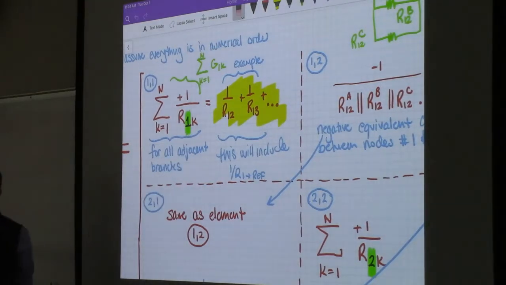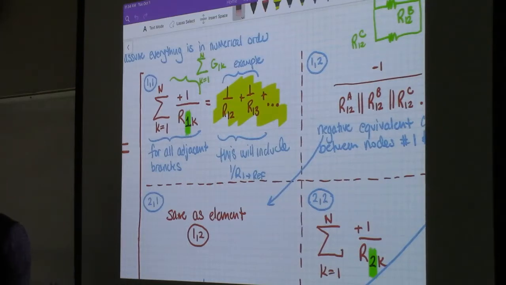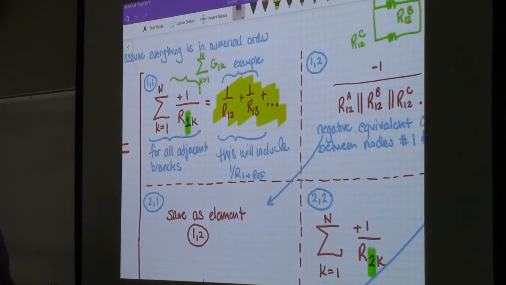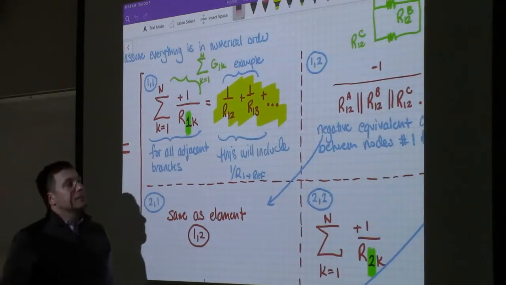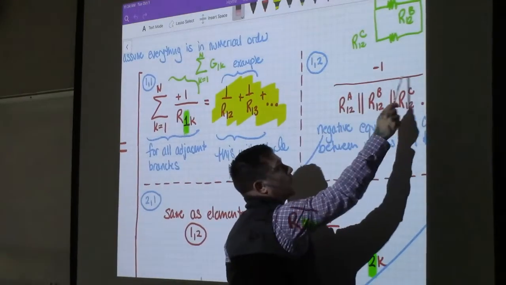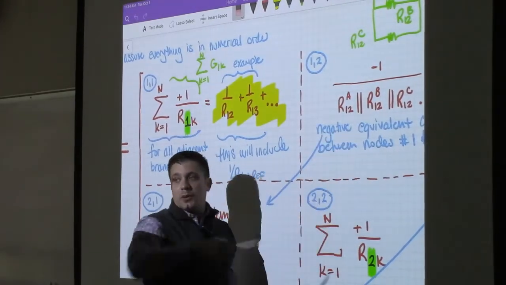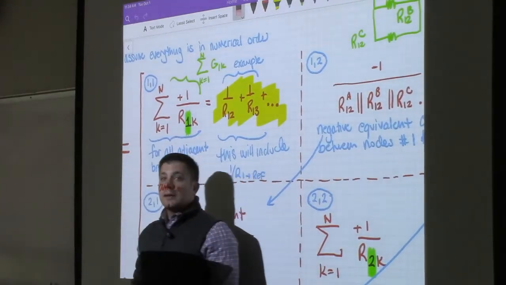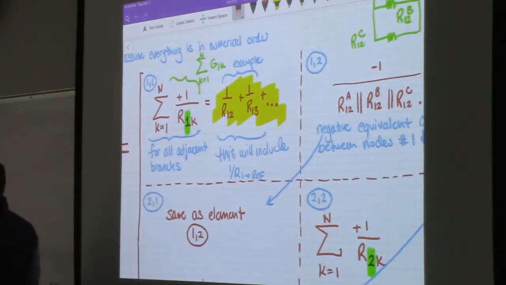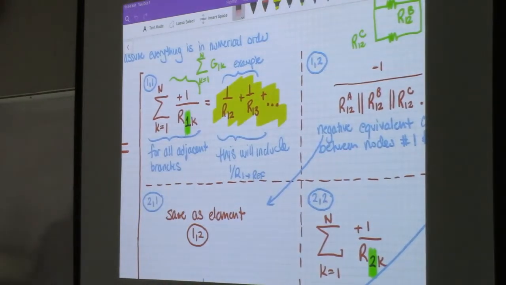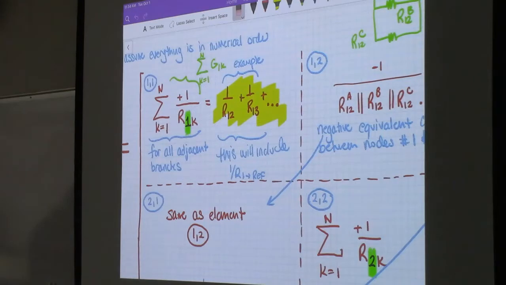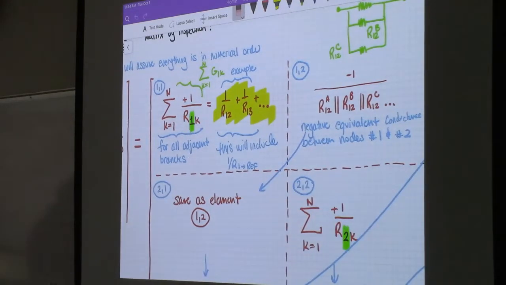So that's the reason why it's 1 over R21 plus 1 over R22 plus 1 over R23, 1 over R24. For the off diagonal elements, it's negative 1 over the resistance that's between them. We don't have more than one path, so we don't have to worry about the use of the parallel operator.